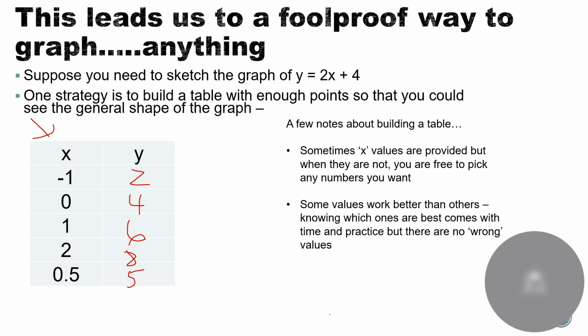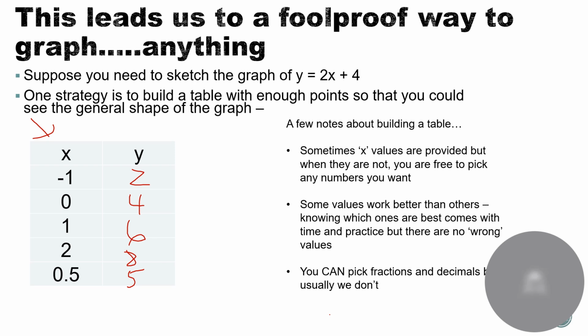Now, when we get to some other types of equations, you might pick values of X that actually don't have a Y to go with them. And that is also valuable information. You'll learn very quickly with some practice which ones are going to do that. You can pick fractions and decimals, but we usually don't, for obvious reasons.